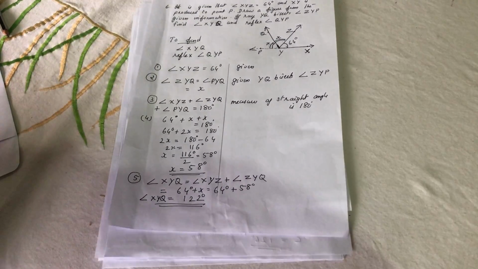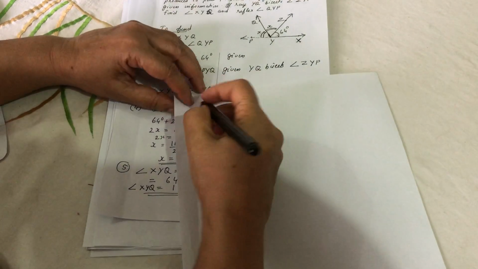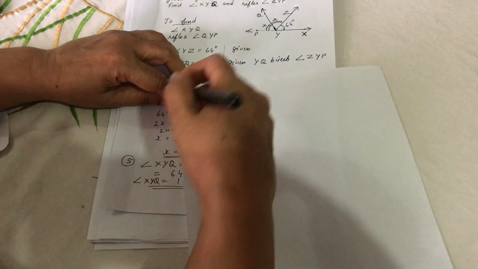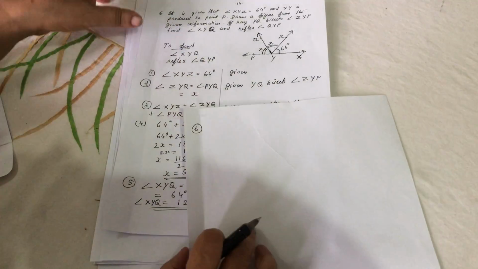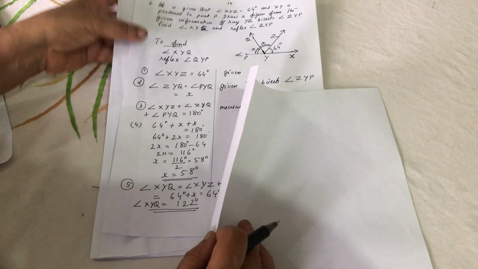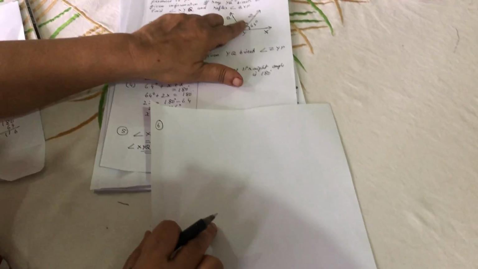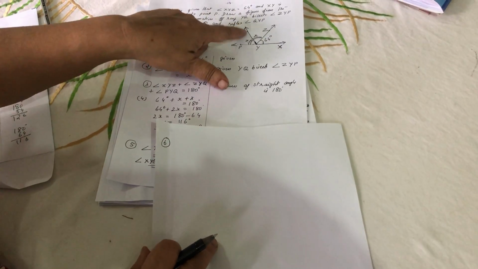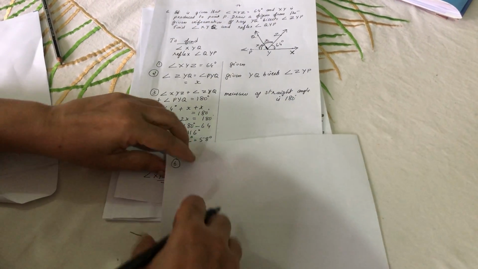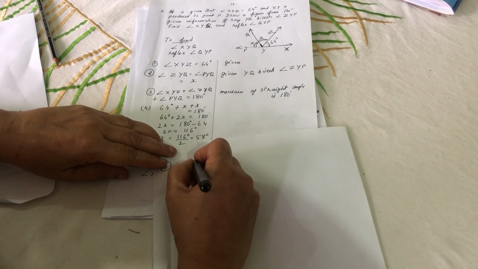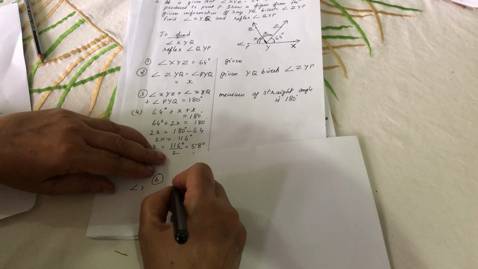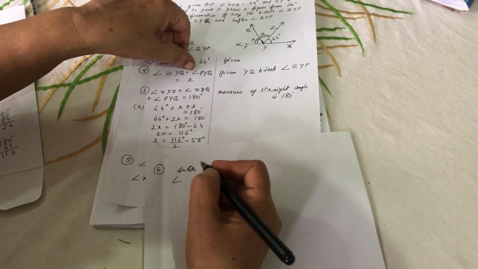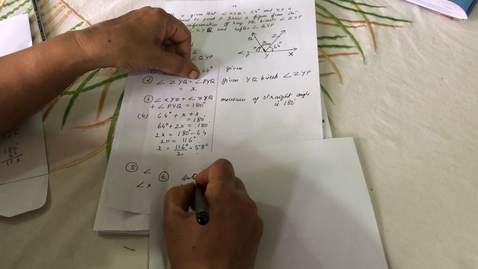Now you want to find out the sixth one. So you got angle XYQ 122 degrees, you got it. Now you want to find out QYP. Here we have taken PYQ, so I take PYQ only.